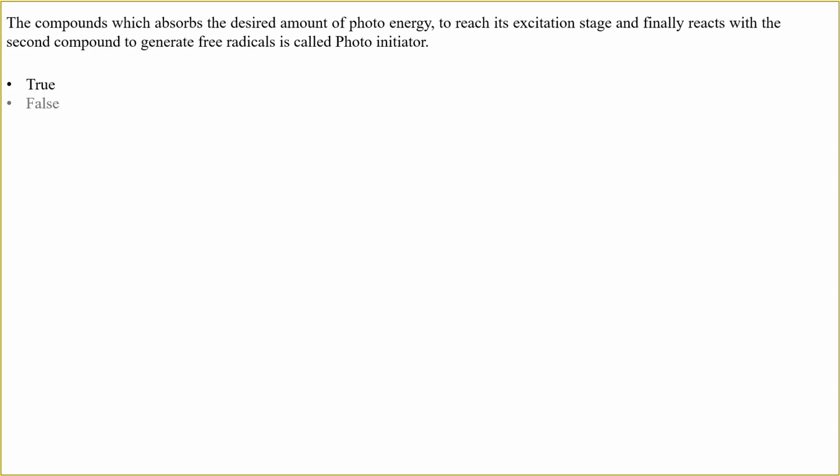So these are not called photoinitiators, they are called photosensitizers. The desired amount of photo energy is absorbed by the photosensitizer and it starts generating the free radicals. So this statement is false because it's not called photoinitiator, it is a photosensitizer.